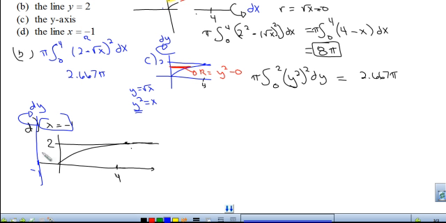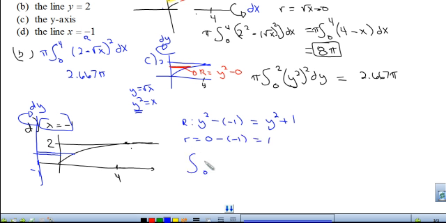So this is going to be a washer. So big R is the right minus the left. So it's y squared minus negative 1. Little r is the right minus the left. So 0 minus negative 1.